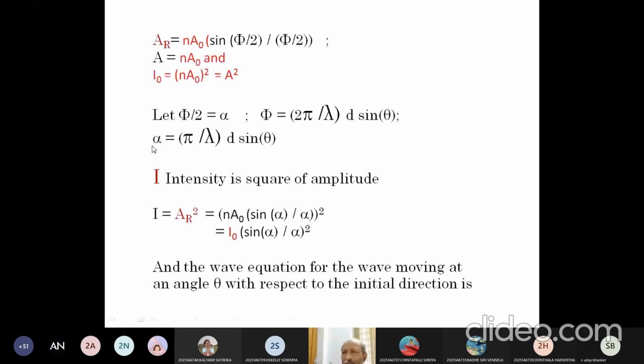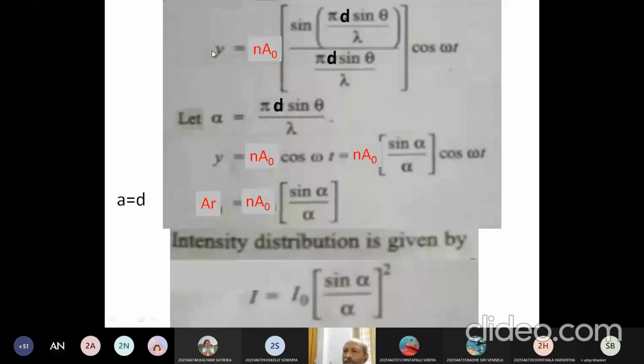Now if I consider it as a wave, then amplitude into the cos term, so y is equal to a cos omega t, where a is nothing but n A naught sine alpha by alpha. And what is alpha? You have already seen: pi d sine theta by lambda.